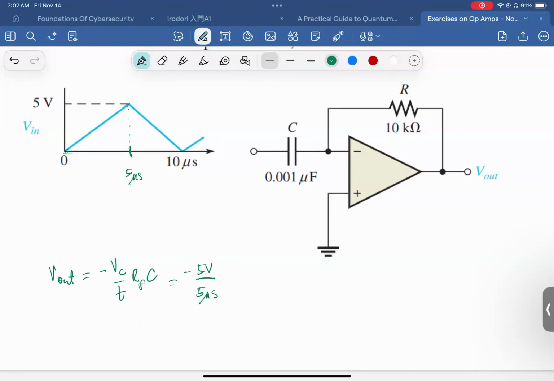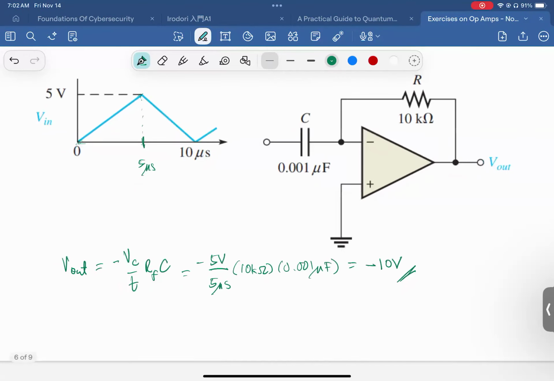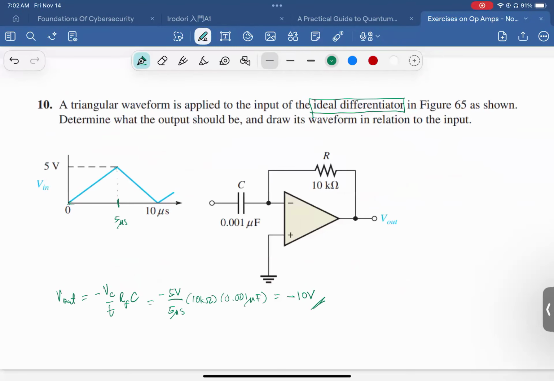And then yung feedback resistance ay 10 kilo ohms. Tapos yung capacitance ay 0.001 microfarad. So equal ngayon sa negative 10 volts. So yan yung output na voltage.